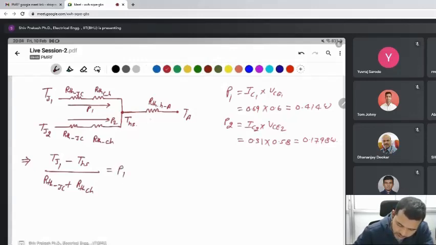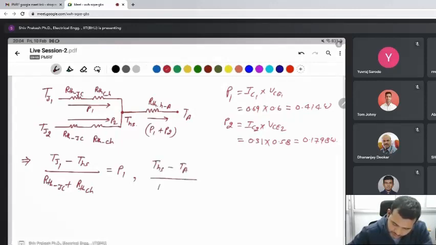And you can take here P1 plus P2, then THS minus TA divided by Rth heat sink to ambient equals P1 plus P2.